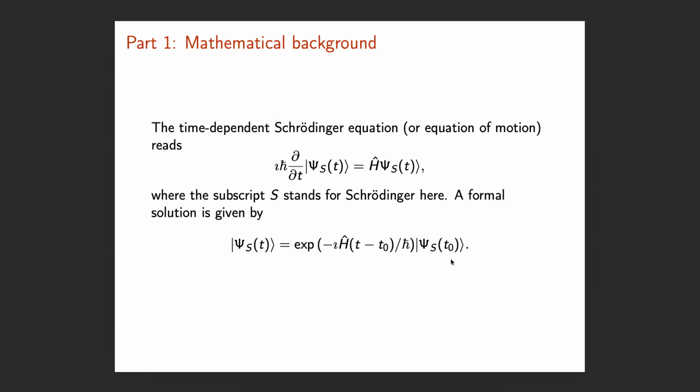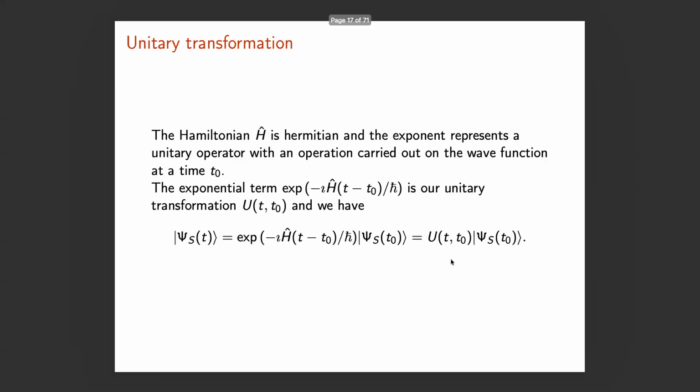So this is actually the basic part, and we know that this Hamiltonian is Hermitian, and the exponential represents a unitary operator, which carries out an operation on the wave function at the time t0. Since this is unitary, we can write it as U(t, t0), and we would simply write this in a very compact way like that.